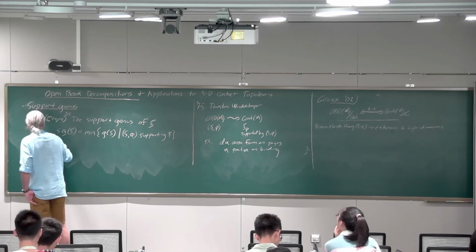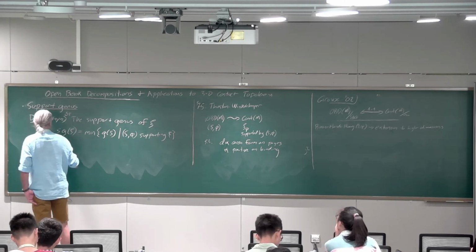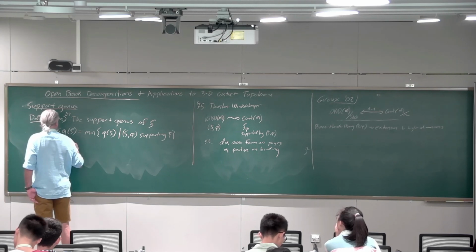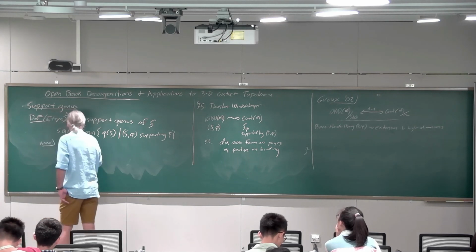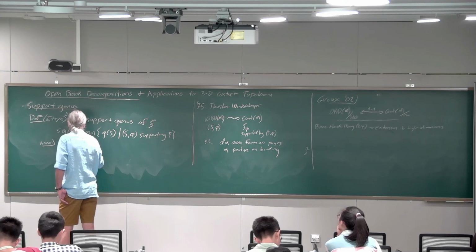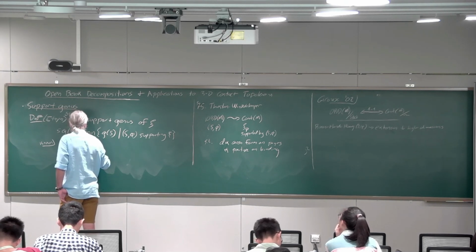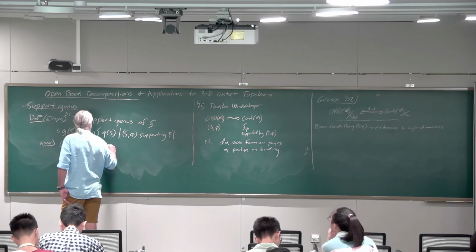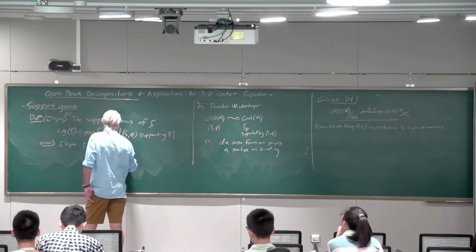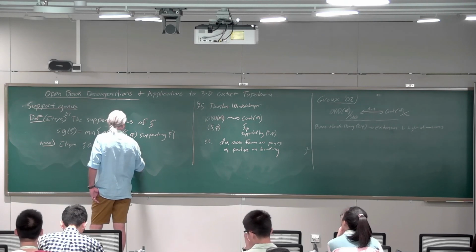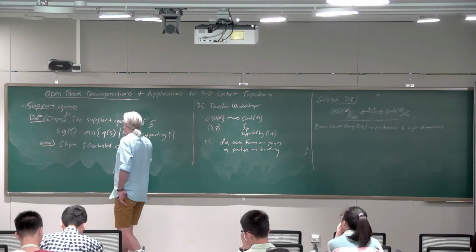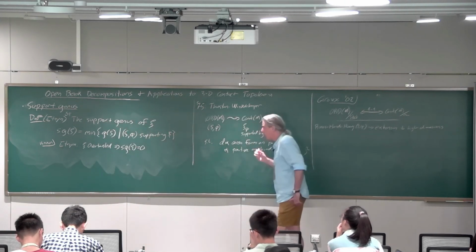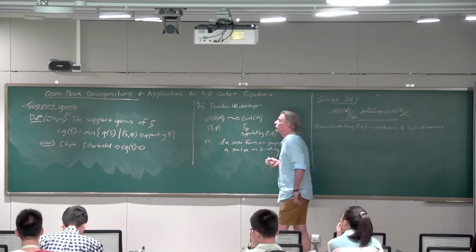So here are some things that are known. Etnyre tells us that if my contact structure is something known as overtwisted, then I can always cook up a planar open book decomposition for it. I'm not going to give you a proper definition of overtwisted.